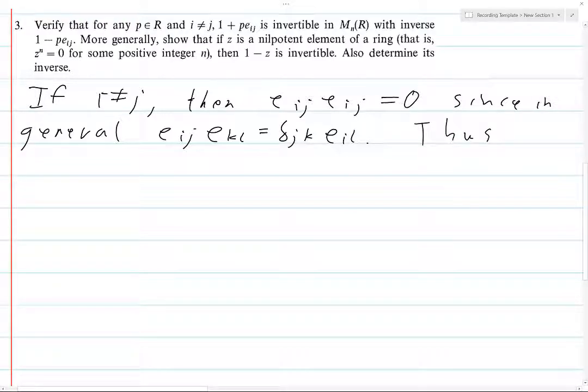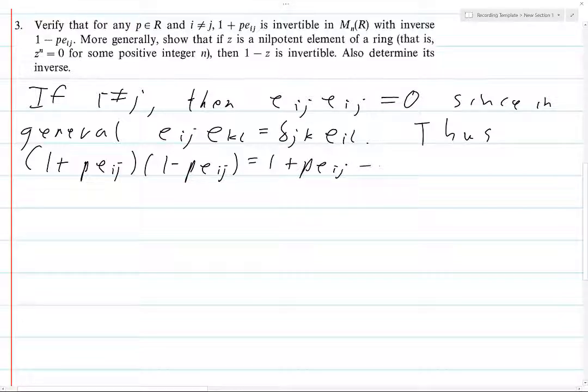Thus, now what we can do is compute 1 plus p Eij times 1 minus p Eij. And this is a ring, so we don't have to worry about matrices at all. We don't even have to think about matrices. We just distribute, and then we get this p squared term.